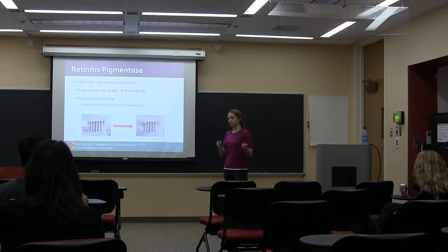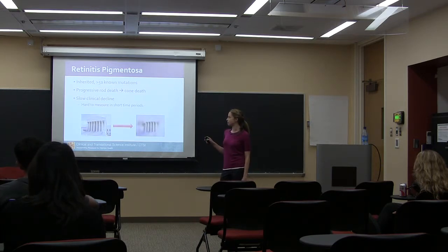So switching gears a little bit, talking about retinitis pigmentosa, so also probably not something you've heard about in medical school. It's kind of a rare, what we would call orphan indication in FDA lingo, but basically it's an inherited disease, so it's genetic.